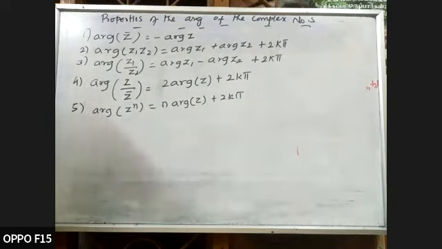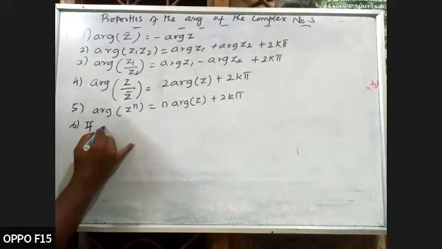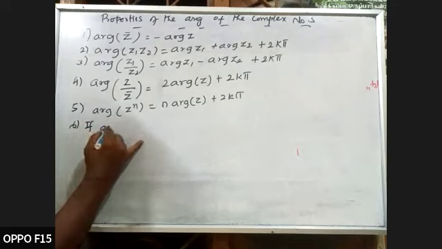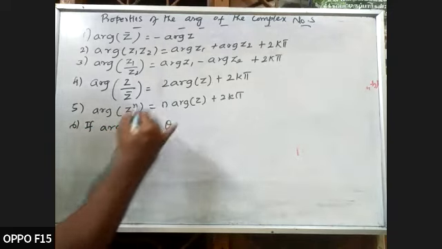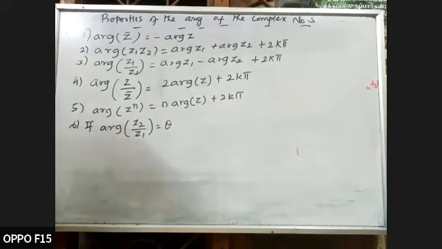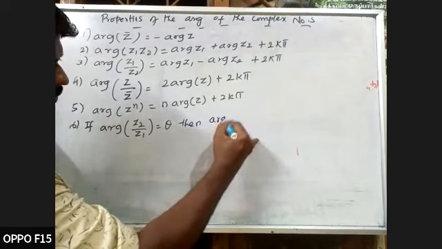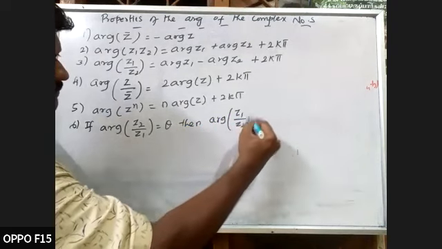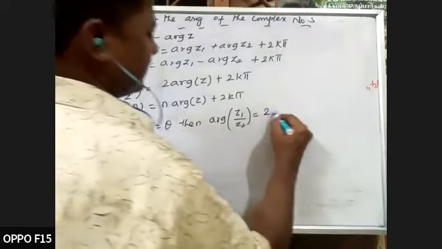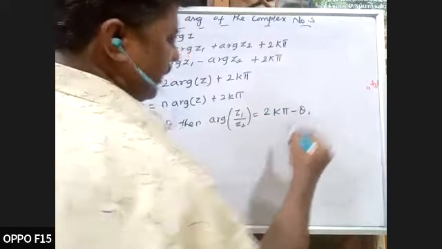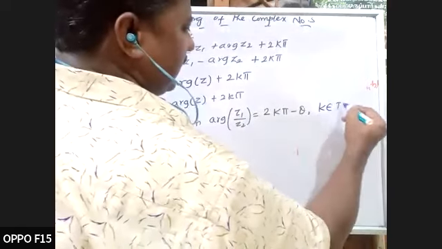Right? Next, sixth: if argument of z2 divided by z1 equals theta, then the reverse, the reciprocal, argument of z1 by z2 equals 2k pi minus theta, where k belongs to the integers.